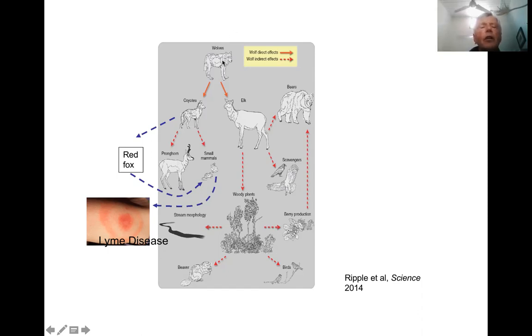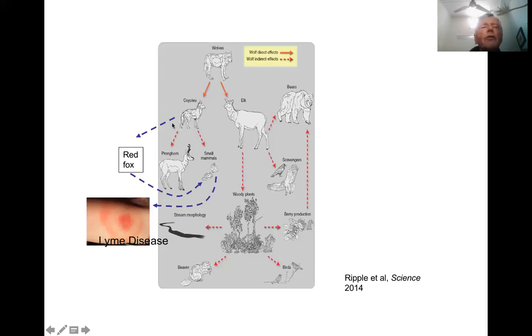Wolves don't eat the fawns because they're too small. Coyotes do. And so with the reintroduction of wolves into parts of the greater Yellowstone system, coyote numbers went down, reproductive success of pronghorns went up because the fawn survival went way up.